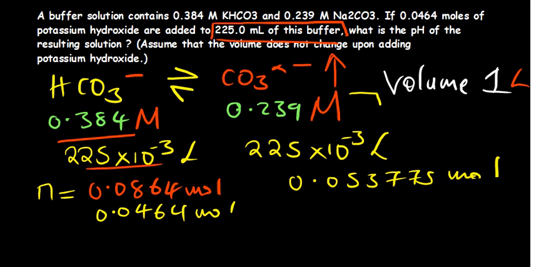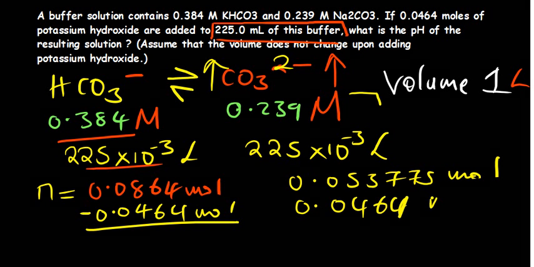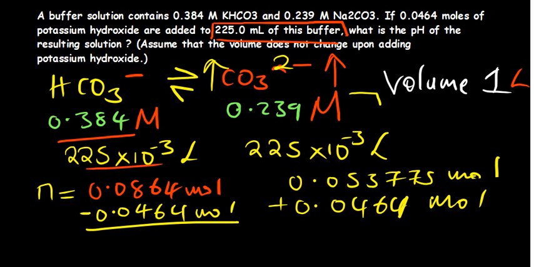So I'll subtract from our acid, and then I'll add to our conjugate base, because from our equation we're able to see that there is an increase of carbonate in our solution. Of course, an equivalent number of moles which is being lost from the acid is what is going to be gained on the conjugate base.